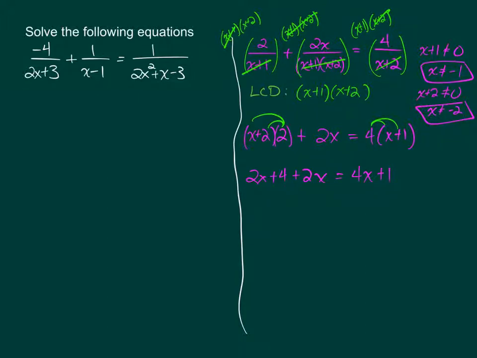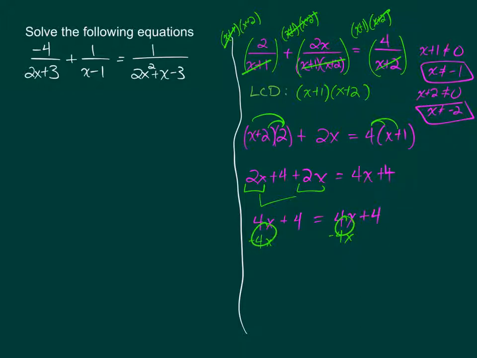All right, let's see what happens here. Combine this with this. That gives me 4x plus 4 equals 4x. So again, subtract the x's so you can get them all on one side or the other.